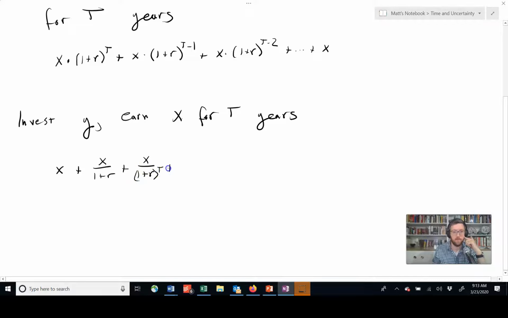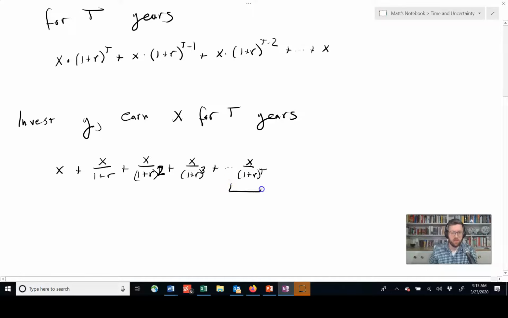And the year after that, we discount it again, up to, sorry, this should not be a T, this should be a 2. Third, all the way up to the savings in our last year, which are discounted T.